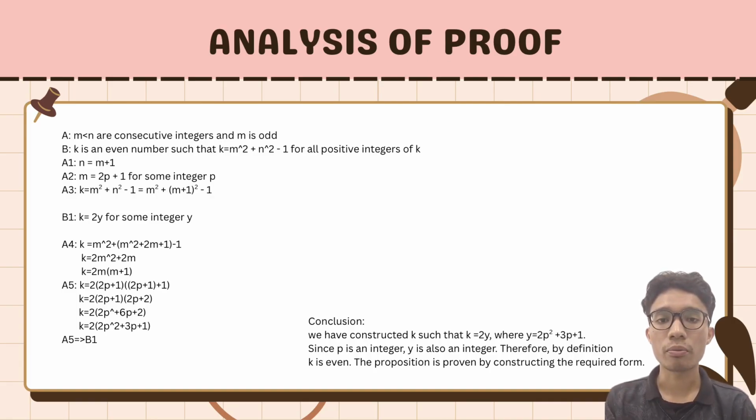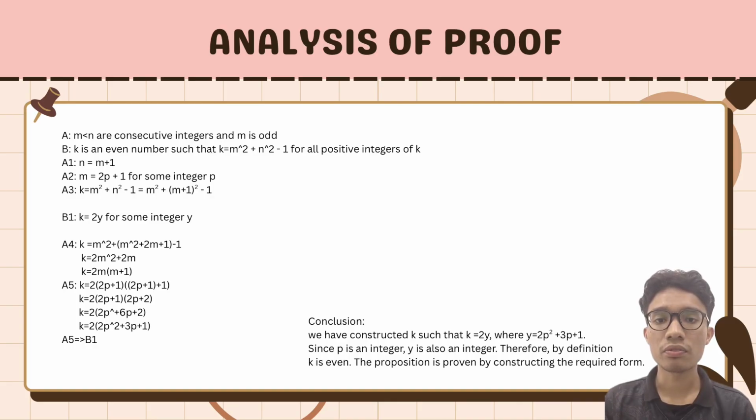Continue working forward from A3 to manipulate the expression for k, which is k equals m squared plus (m squared plus 2m plus 1) minus 1. k equals 2m squared plus 2m. k equals 2m(m plus 1). At this point, we have successfully constructed k as 2 times an integer, which is m(m plus 1).